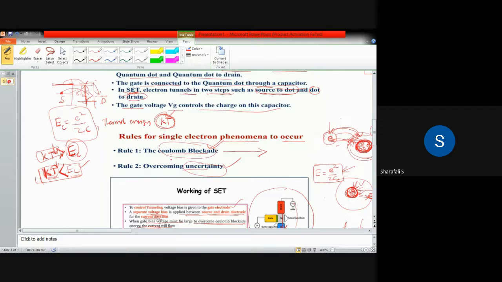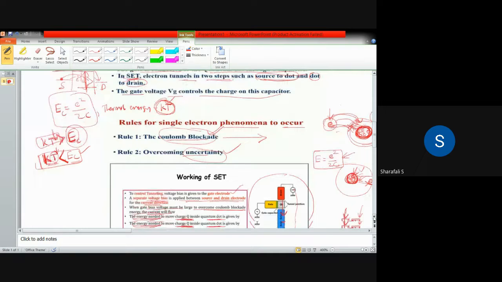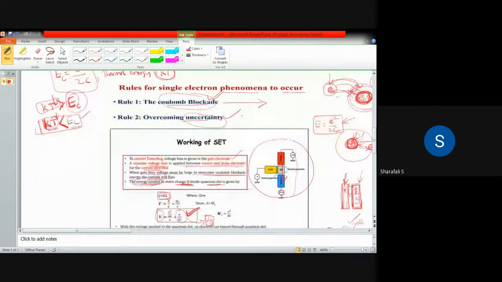Basically you have the equation for uncertainty, that is delta E into delta T, which has to be, I think you might know this, delta E delta T greater than or equal to h cross, or we can consider h by 2.